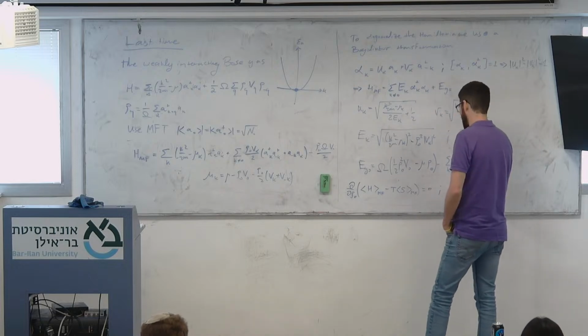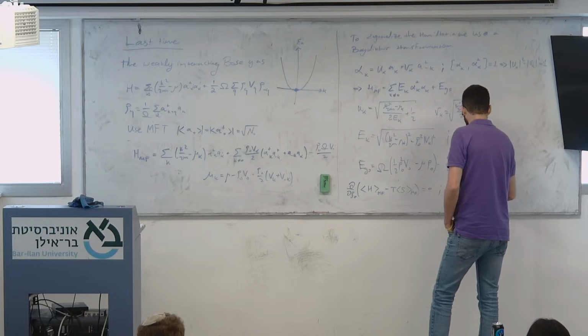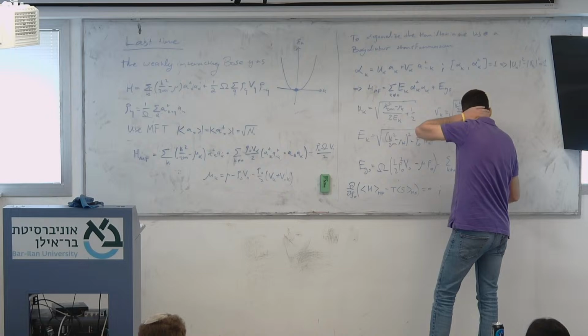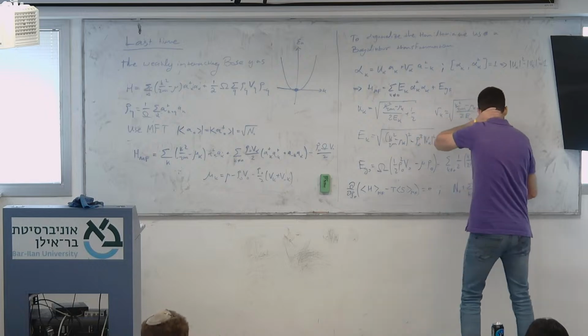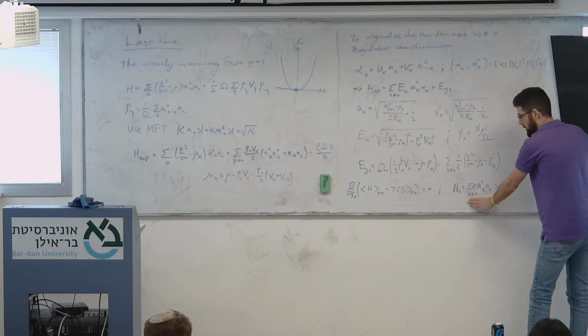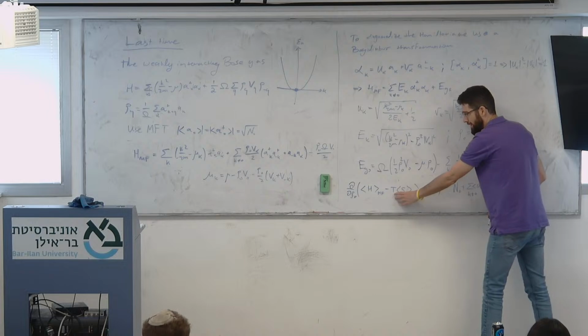And the second one would be N0 plus the sum over k not equal to 0 of the expectation value of A dagger k A k. This whole thing is the total density. So this equation fixes mu. This equation will fix rho naught for finite t.